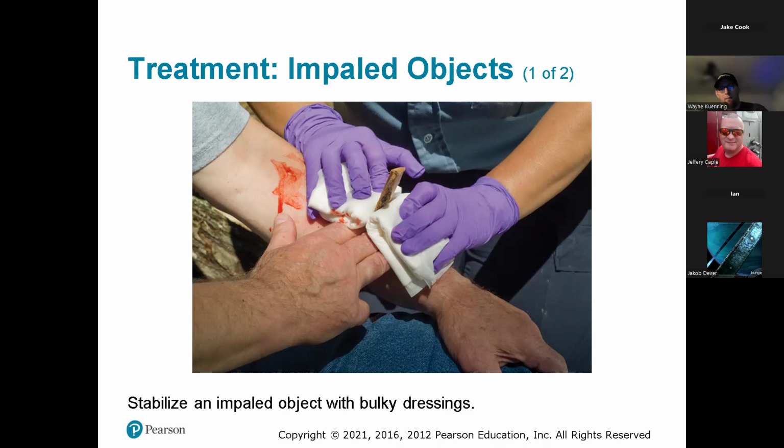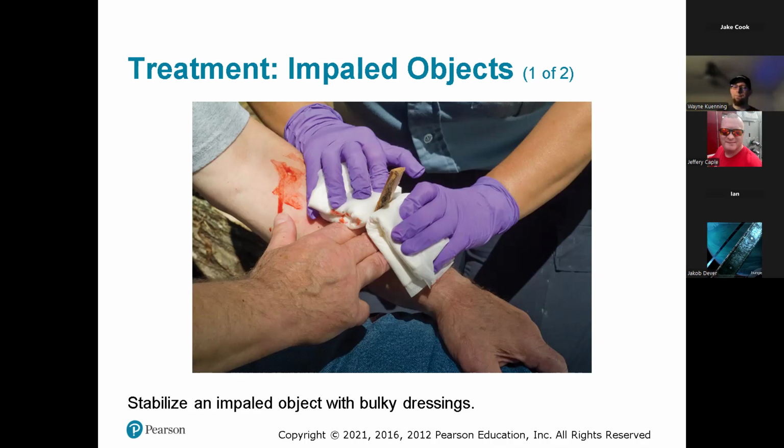But grossly jerking that through the body is going to cause more damage. Obviously, you're going to work with whatever fire crew you're with and talk them through it, like, hey, I understand we want to get this done, but we need to cause as little movement as humanly possible in this object that they are impaled with. So maybe have somebody hold it above them and just below it.